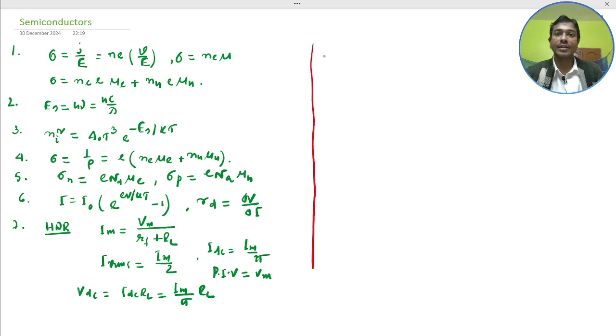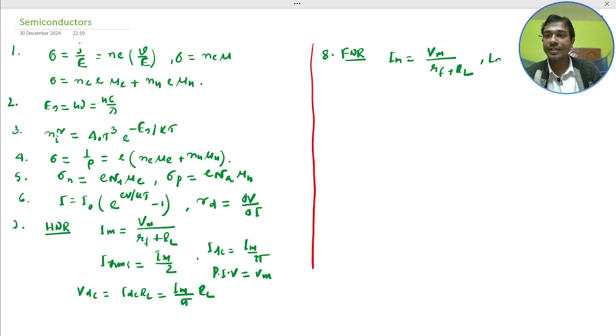Next, the full wave rectifier. For the full wave rectifier, the peak value of current I_m is V_m divided by R_f plus R_L, and the DC current I_DC is equal to 2 I_m by pi.